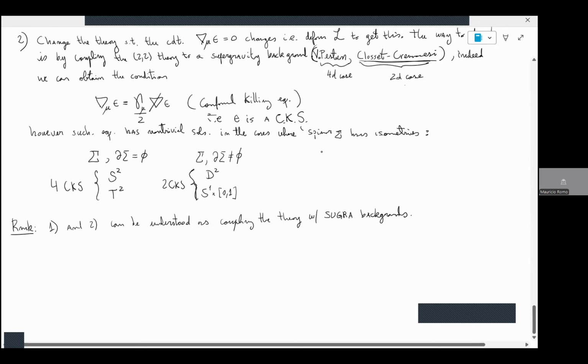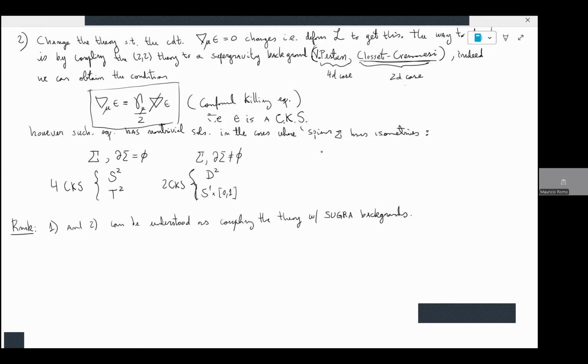I can only tell you for sure that if you consider the sphere, if you put the field theory on the sphere, no gravity, you can deform the theory such that the parameters of the supersymmetry have to satisfy this equation.